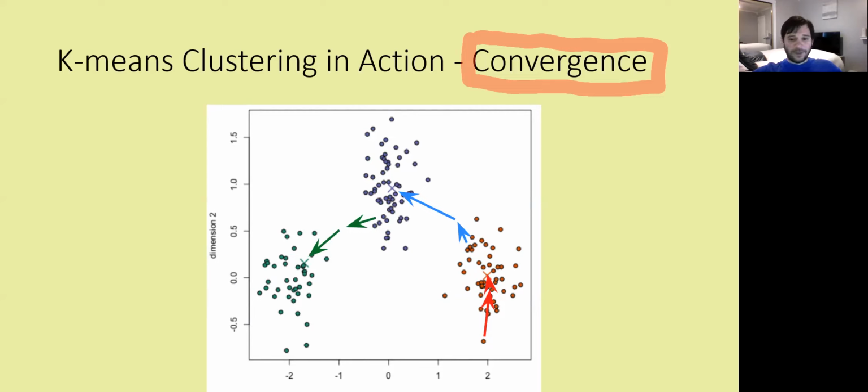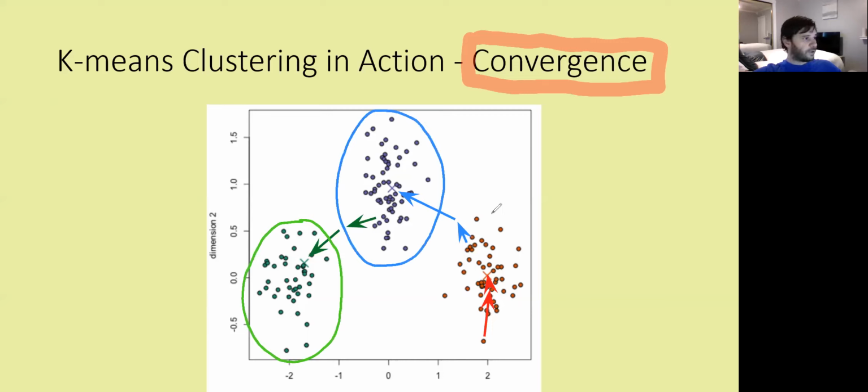Now we have wound up here with three very distinct and fairly well-fitting clusters in terms of their centroids. There is the final green cluster, here is the final blue cluster, and here is the final red cluster. And again, within each cluster, we can compute the error metric.